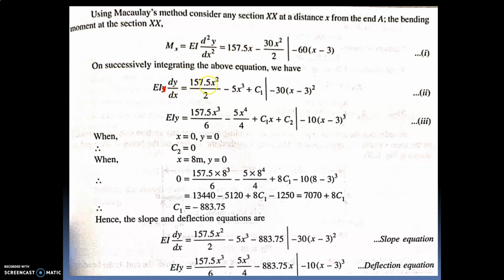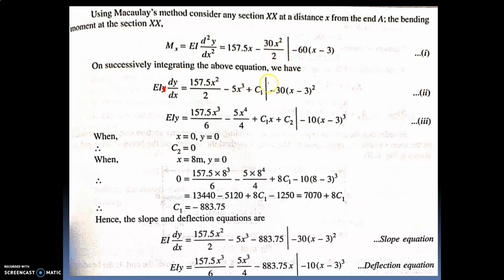So 157.5 x, integration of x is x square by 2, minus 30 into x square, integration is x cube by 3, so x cube divided by 2 into 3, that is 6. 30 divided by 6 is 5. So 5x cube plus C1.